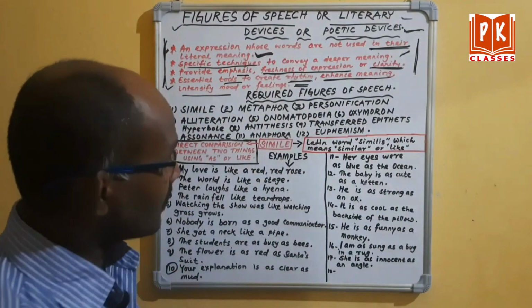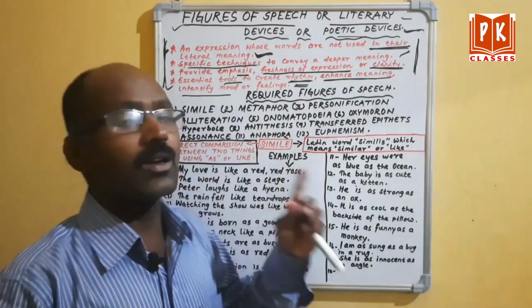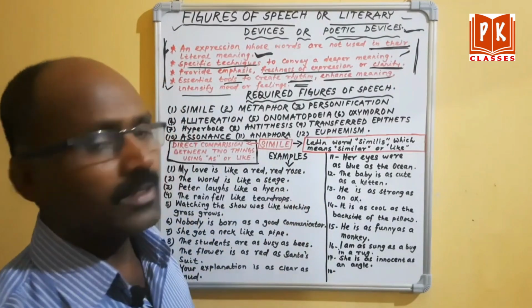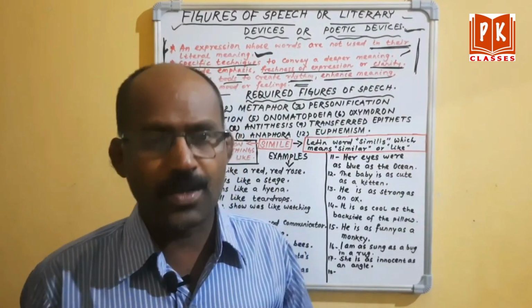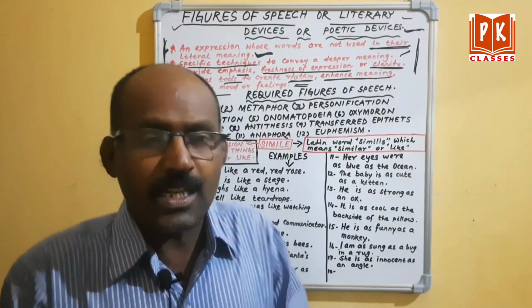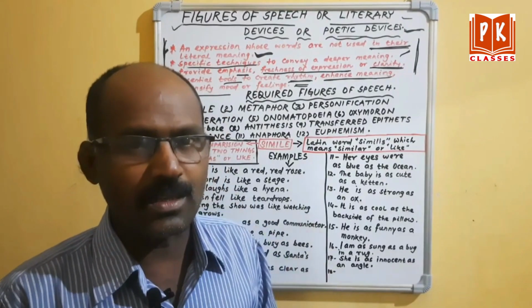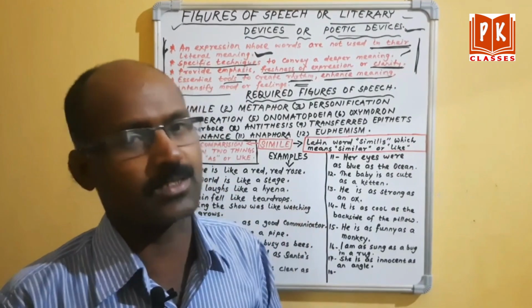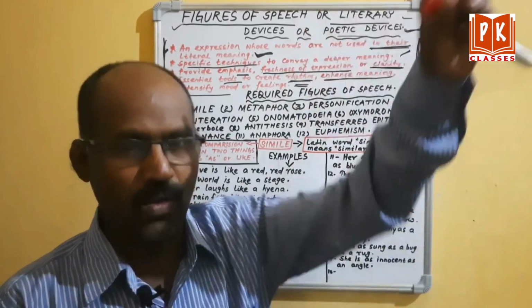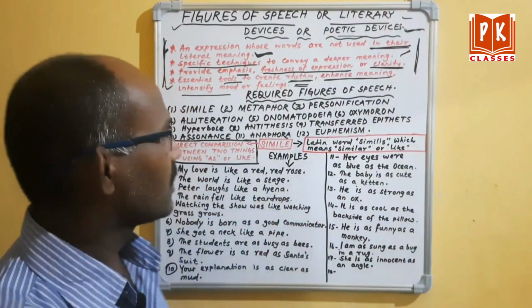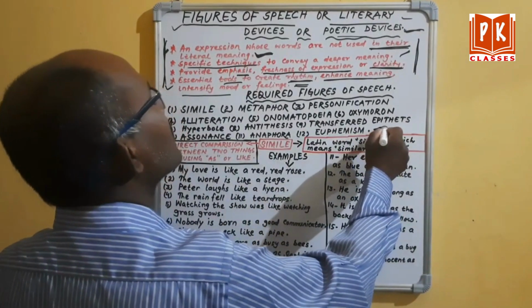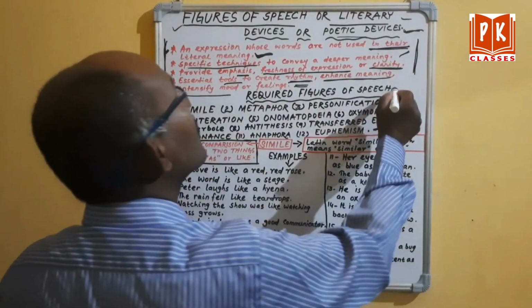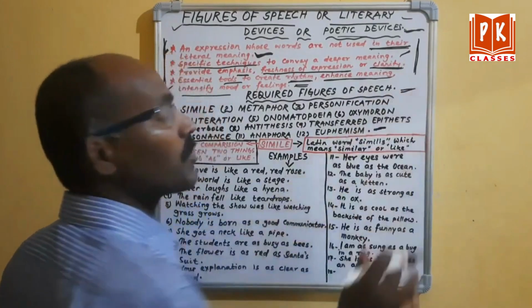Now the question arises: how many kinds of figures of speech are required? By analyzing your textbooks from 6 to 12, I found at least 12 figures of speech in your books.